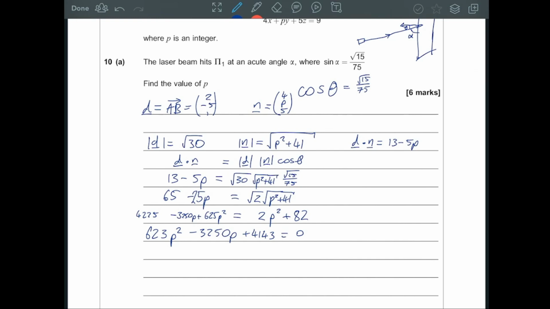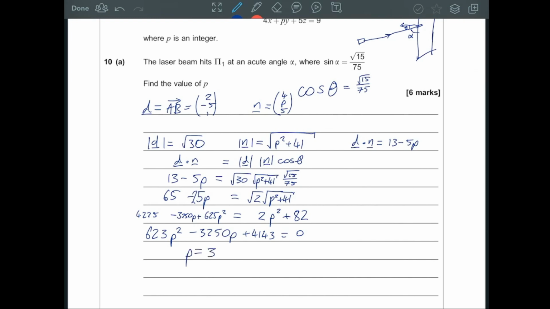I'm going to hope that this version of the calculator does indeed have the quadratic solver in it. So let's type in my values. Okay, lovely. So it does give me an integer value of p.